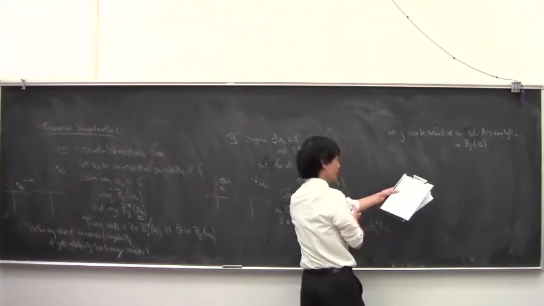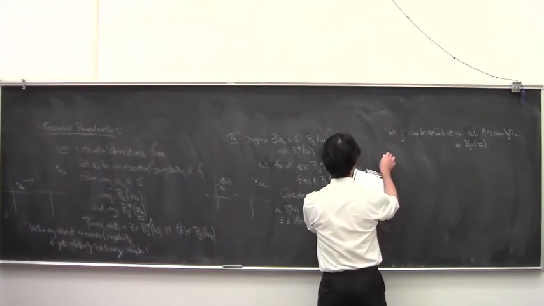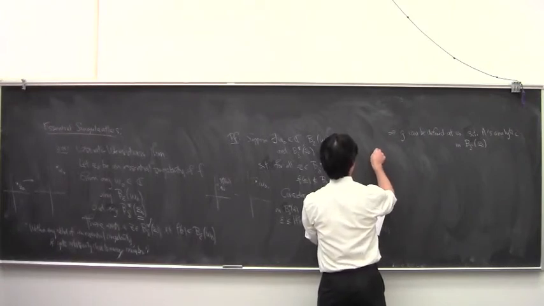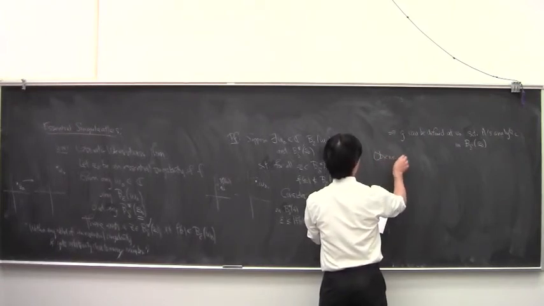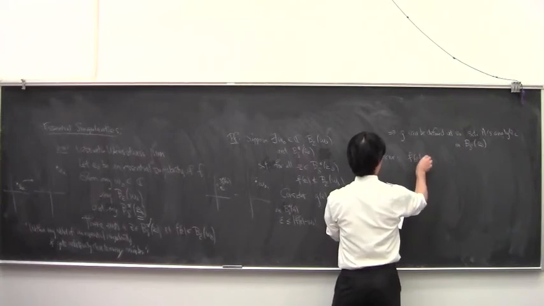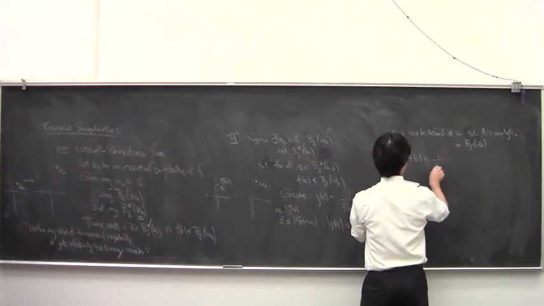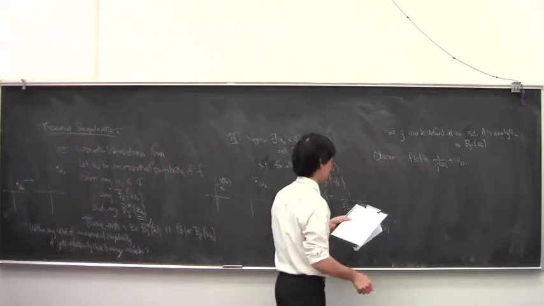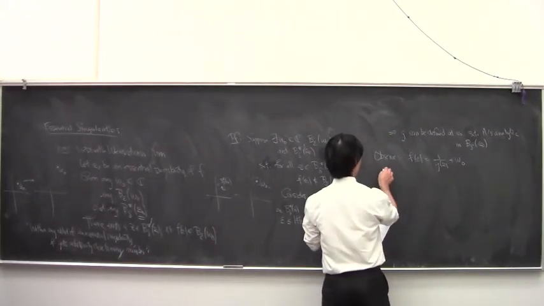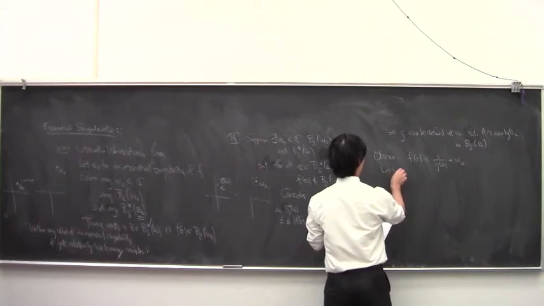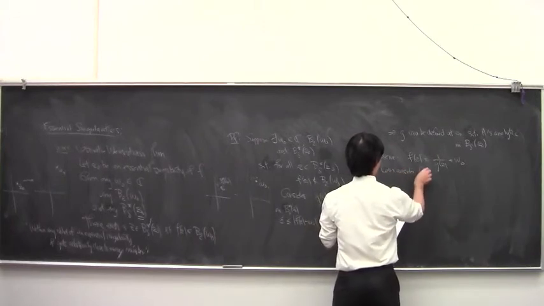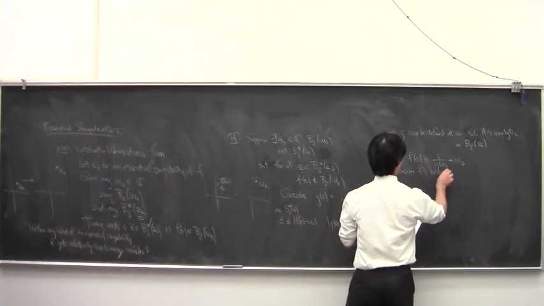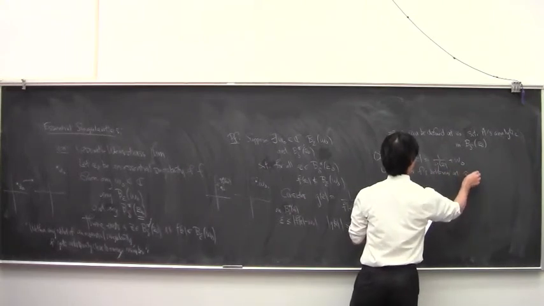So now, we have 2 minutes, and we can actually do it. Observe. f of z is, by construction, 1 over g of z plus w naught. So let's consider f's behavior at z naught.